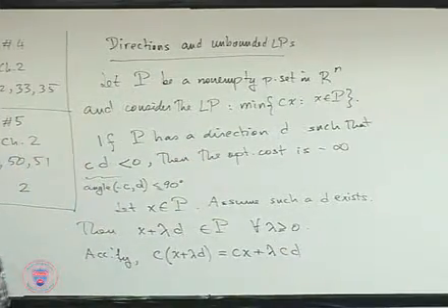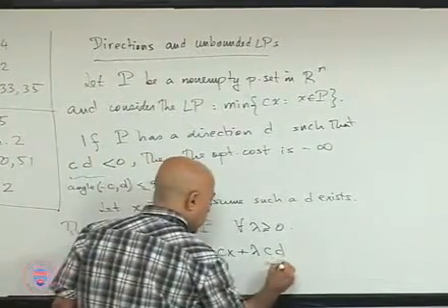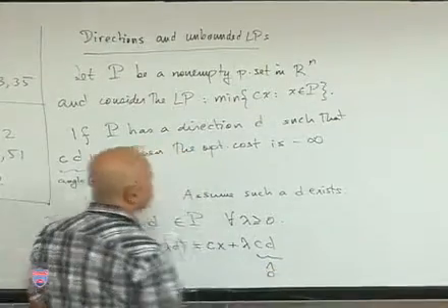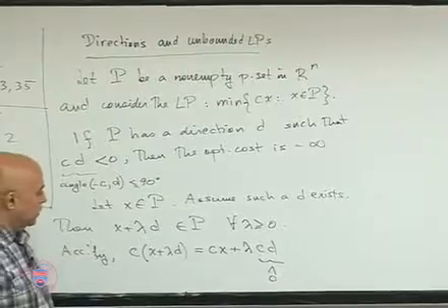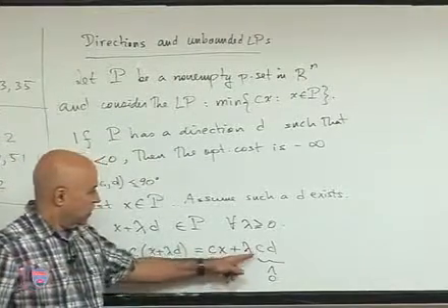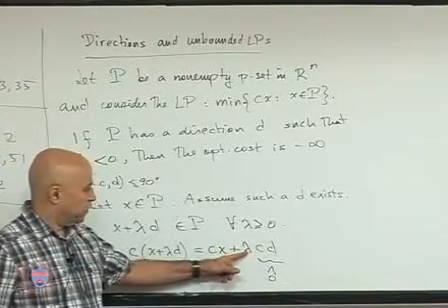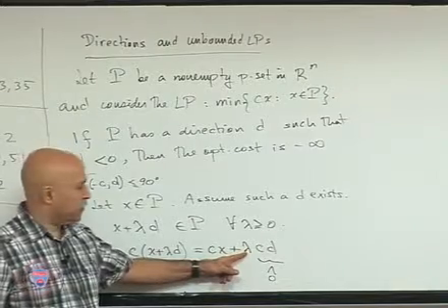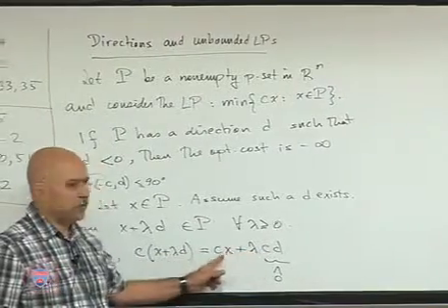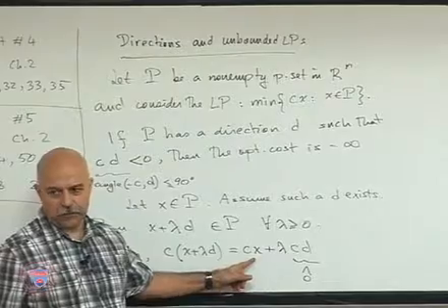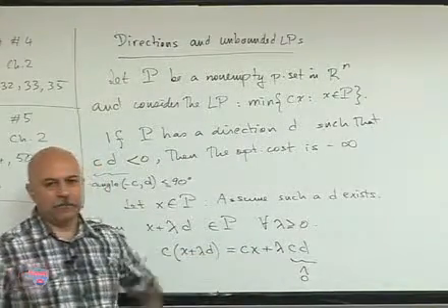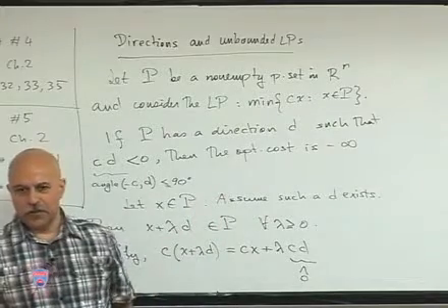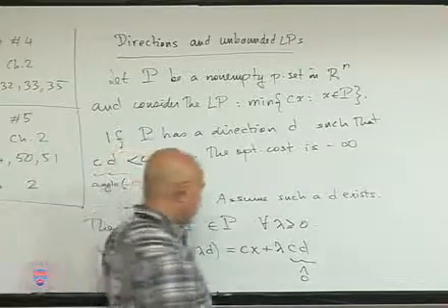But C times d is less than 0 by assumption. Which means, of course, if you take your lambda to be a positive number, you're adding a negative number to the old objective value at the point x. So you get smaller. And of course, you can make your lambda as large as you wish and get smaller and smaller.